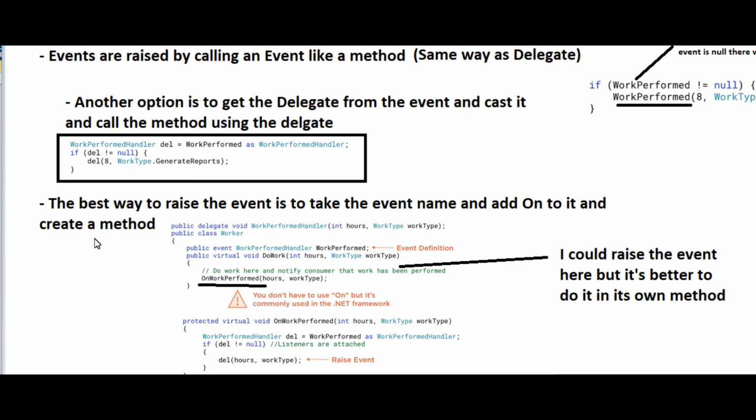So here all we said is that the best way to raise the event is to take the event name, add On to it, and create a method like I demonstrated in the code. Also, we don't have to use On, but it's commonly used in the .NET Framework. And this is a delegate way of raising the event.